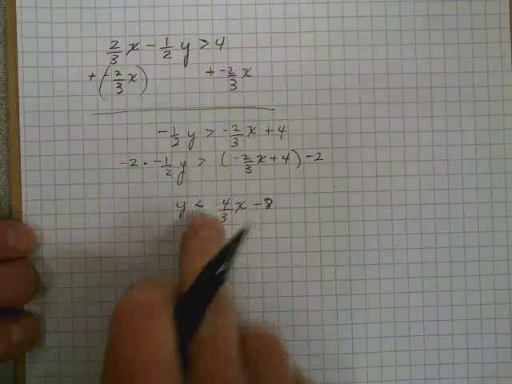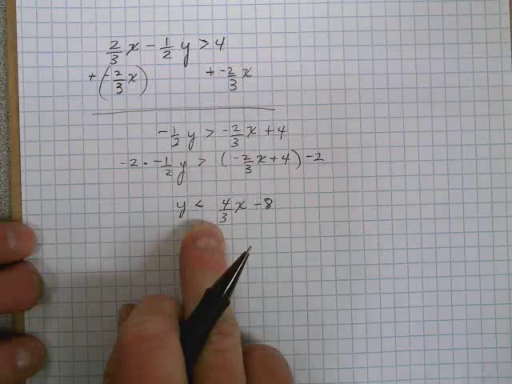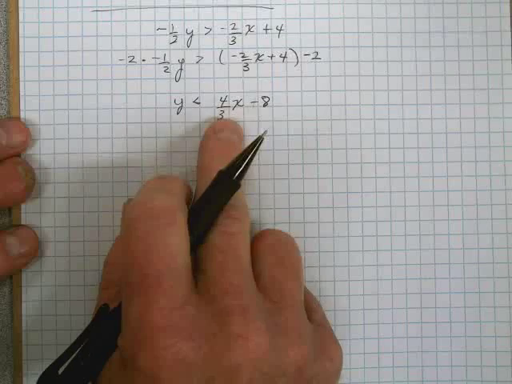So the resulting slope-intercept form inequality is y is less than 4/3 x minus 8.